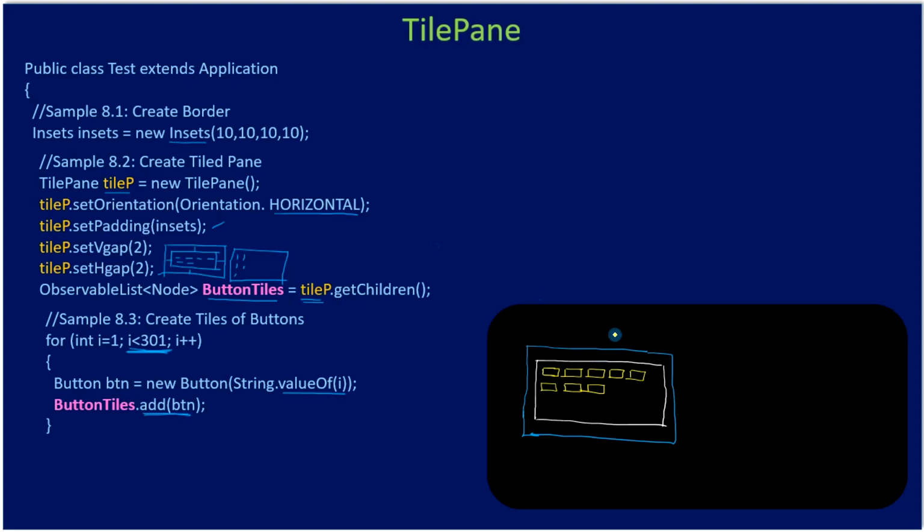That means let's state this outer one is the tile pane's edge, and here there will be an inset of 10 on all 4 edges. Then this is the horizontal gap, and this one is the vertical gap, and we set those as 2 pixels.